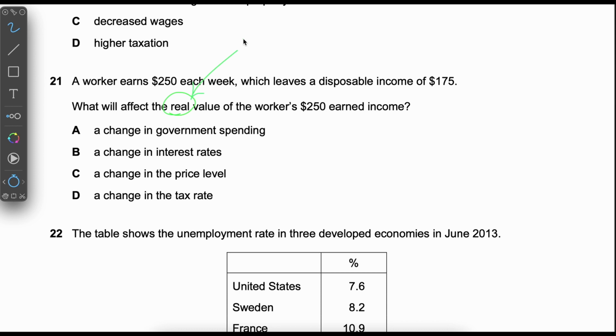So the only thing that would affect the real value of the worker's earned income is anything to do with the price level. So a change in the price level will affect the real value of the worker's earned income. If the price level increases, the real value of the $250 will decrease because we can now buy less goods with our salary. A decrease in the price level, we can buy more goods. That is what real income is.